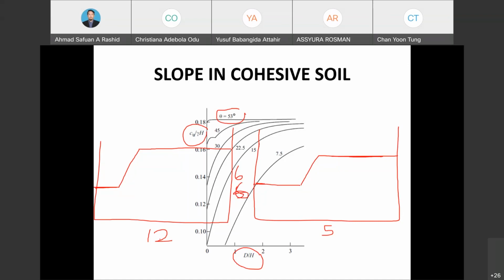For example, if we want to define what is the D over H, so 12 divided by 6 becomes 2. So he can use this 2 to refer to the stability number for his problems.